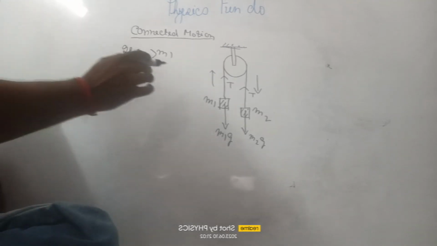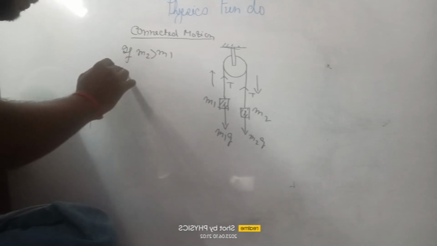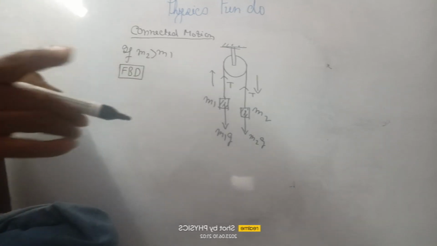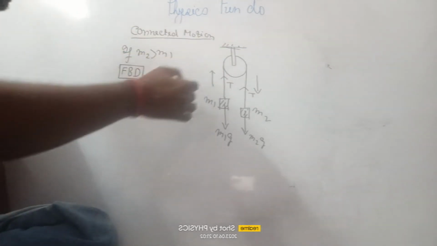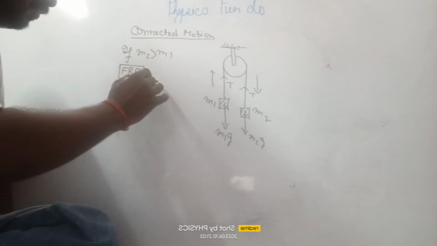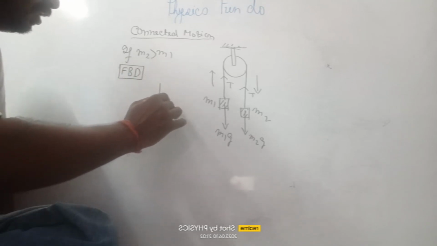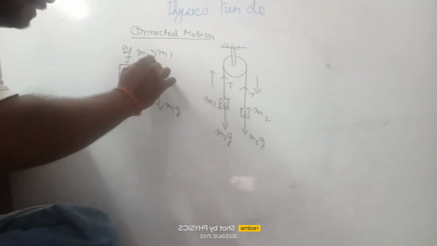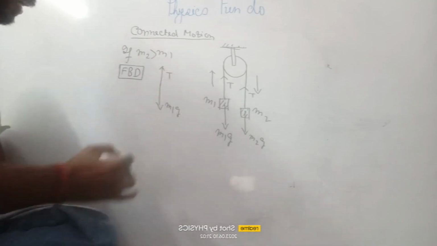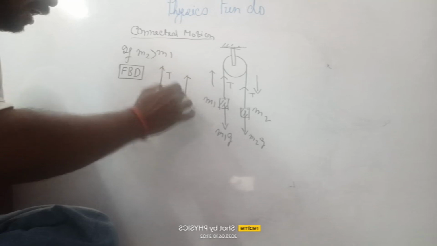Now for the first block, the free body diagram, FBD: that is m1g and the tension T, and it is moving in the upward direction.